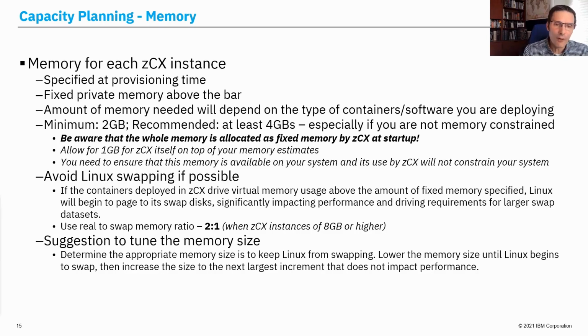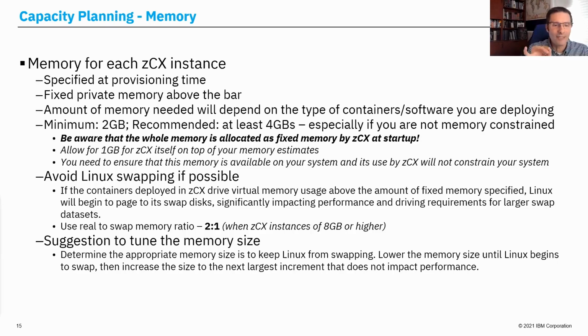All right, let's talk a little bit about memory. So when we're talking about memory, again, we talked about this fixed private memory above the bar. And for fixed private memory above the bar, I need to make sure that I right size this. So if the application needs a certain amount of gigabytes available, we need to make sure that we are not thrashing in the system with virtual memory going off to swap disk, etc. So we want to make sure that we have enough memory to run the application suites plus the zCX appliance itself.